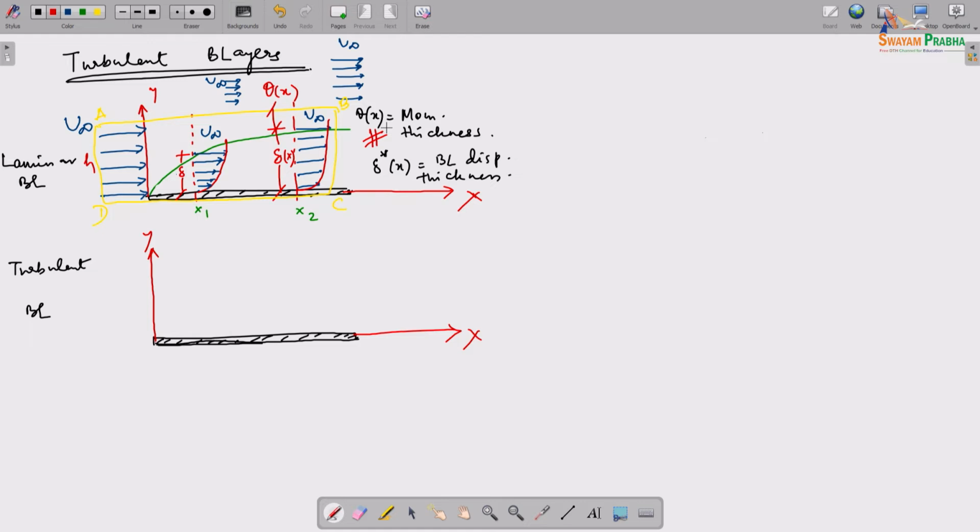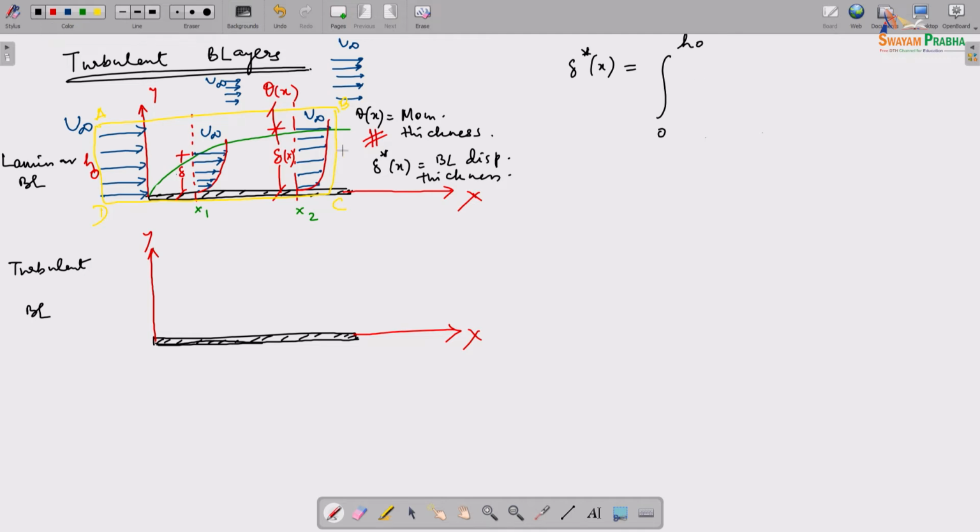Okay, so then I can write the expression using that concept itself. So delta star, the displacement thickness, is, so we take some height, and that height, so u, right.